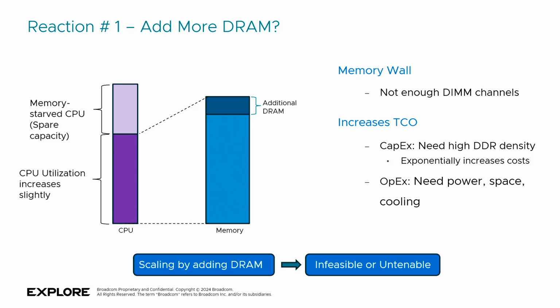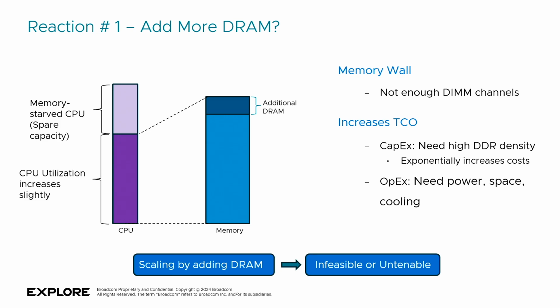Now, they can't really just add more because replacing will mean taking out a low density DIMM and replacing it with a high density DRAM. And the thing with DRAM, as you all probably already know, is higher density DRAMs cost exponentially a lot more.